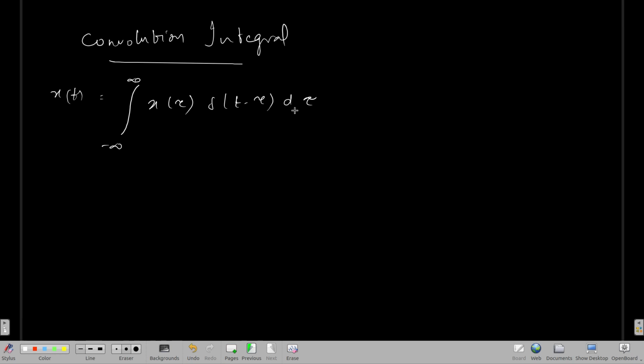I am just changing it. So basically I am representing my input signal as a sum, or an integral, of weighted and shifted delta functions, impulse functions.